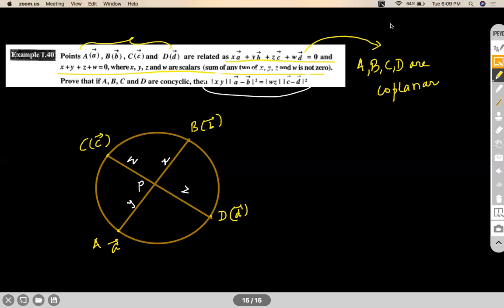Done? Not Ptolemy, it is the secant law.